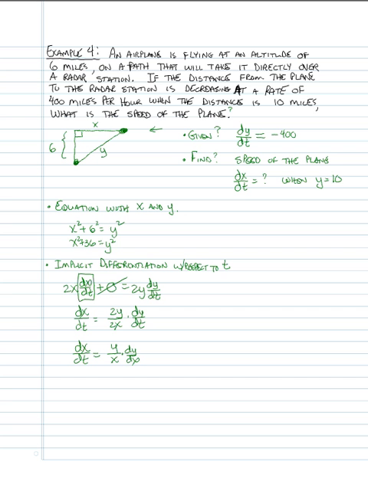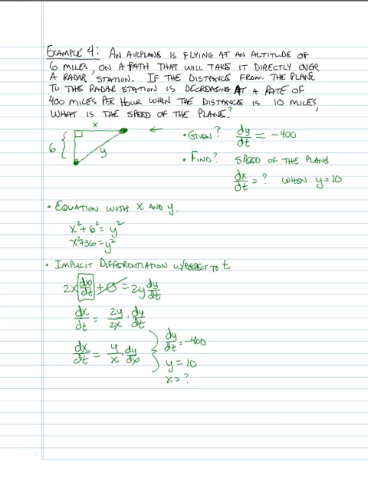Now, we've got a little bit of an issue, I think. Let's see, what information do we have? Well, we know that the derivative of y with respect to t is negative 400. And we need to know this when y is specifically 10 miles. But we still need to know the x value, don't we?